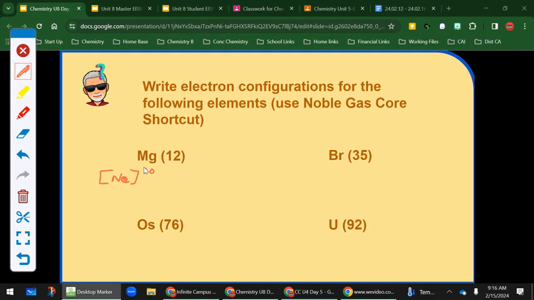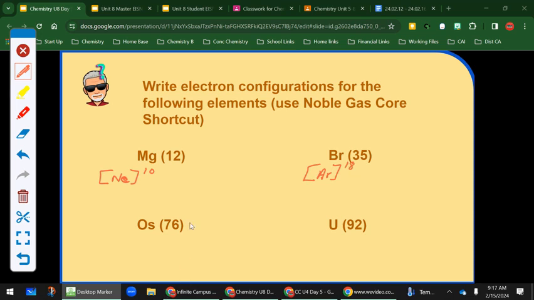Okay? So again, for bromine, what period is bromine in? 4. So what noble gas core would you use? Ar, and you would have 18 by it.